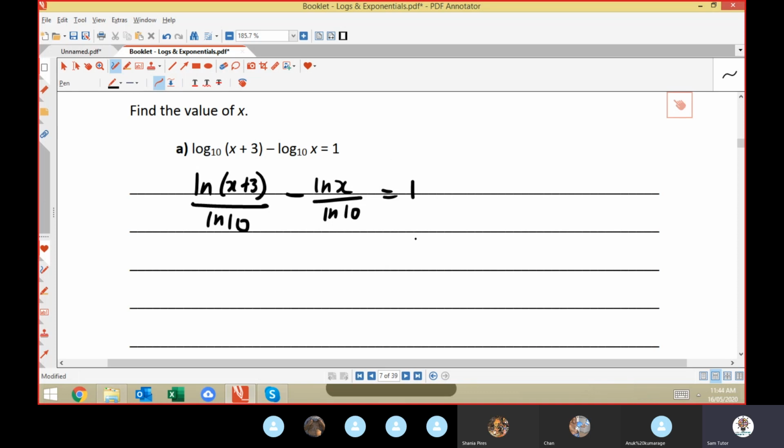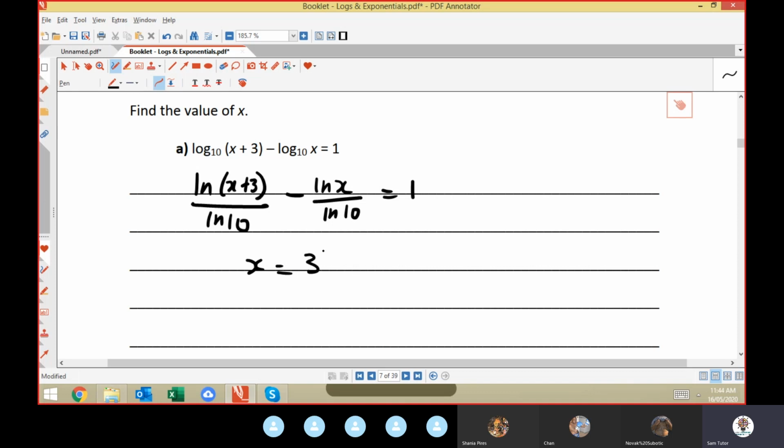Anybody got an answer for this one? Yes, Sam, I think so. What'd you get? X equals 3. I could check it real quick. That becomes 6. 6 on 3 is 2. You might be right.